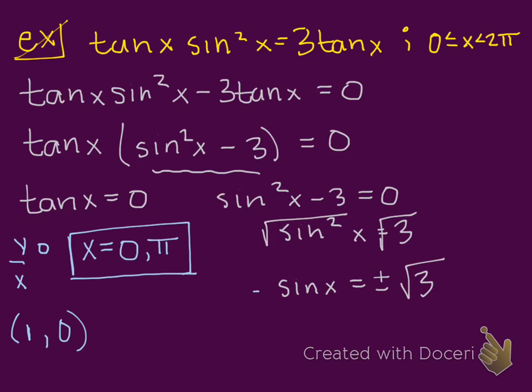Now I need to go over to this one here. So for sine, for this root 3, we know in a coordinate that the only way I get an answer of a root 3 is if the root 3 over 2 is in the y spot and I get a 1/2 in the x spot. Well, the issue is I'm not asking for y divided by x. I just want the answer of a root 3.